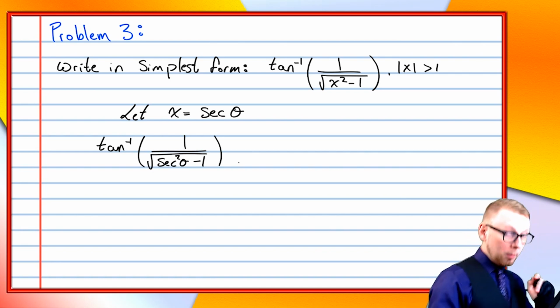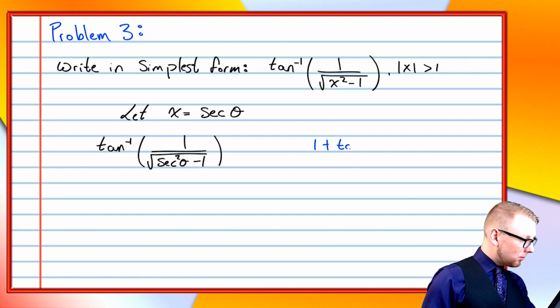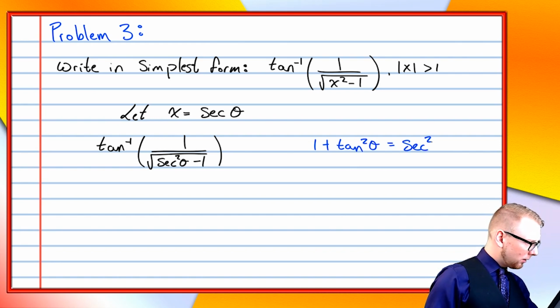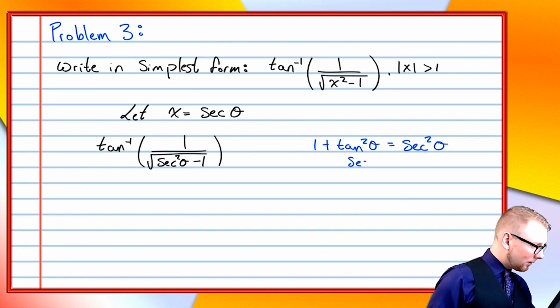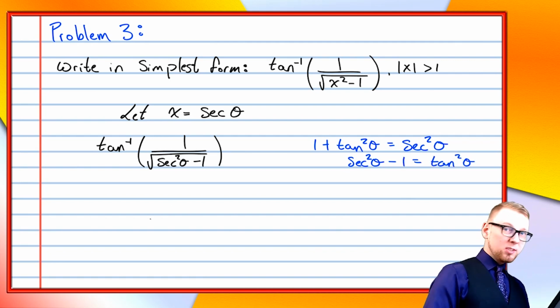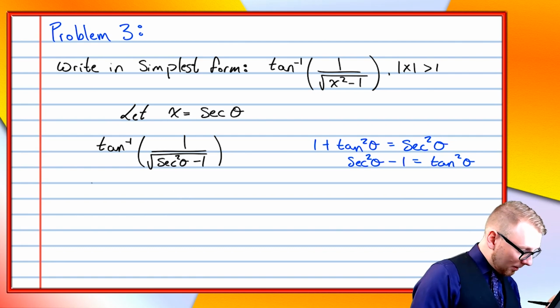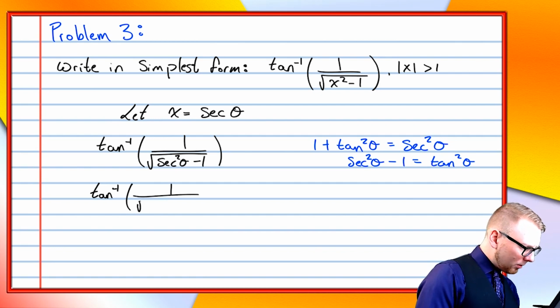Remember trig identities? That 1 plus tan squared theta is secant squared theta. So that means that secant squared theta minus 1 is tan squared. All right, let's use it and keep going. So that means this is going to be the tan inverse of 1 over the square root.